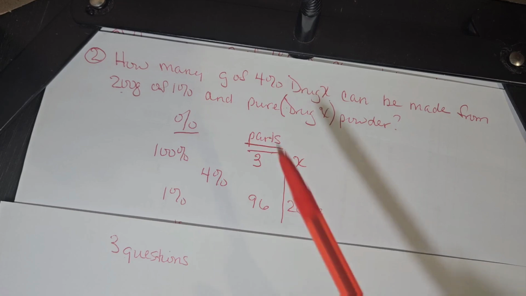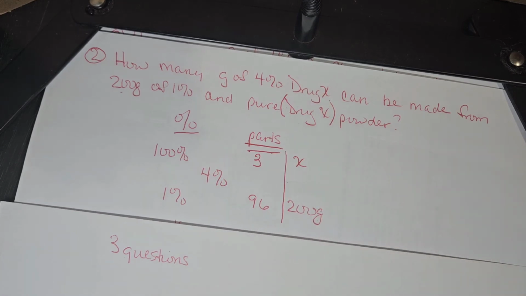There's a couple of ways that we can do this, but I'm going to show you the alligation with a twist way of doing it. There is another way that you can do it, but I won't go there yet.